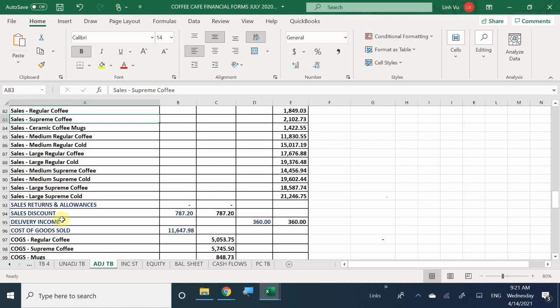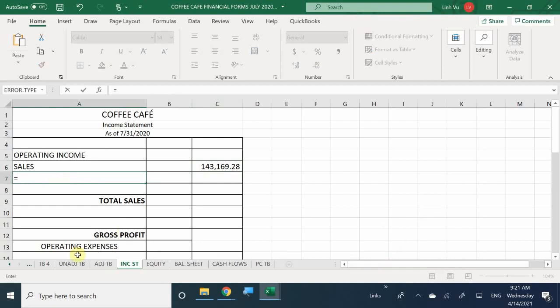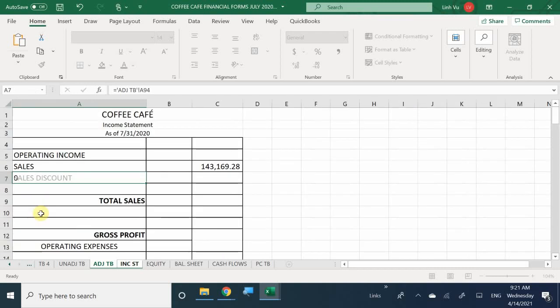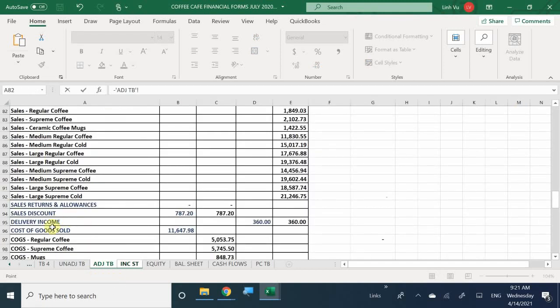We do have sales discounts, good. We're going to include our sales discounts because that's going to take away from our sales, right? It's still going to be considered in the section for sales. And this one's going to be a negative number because it decreases the amount of sales that you have.